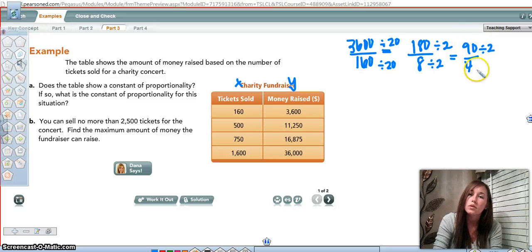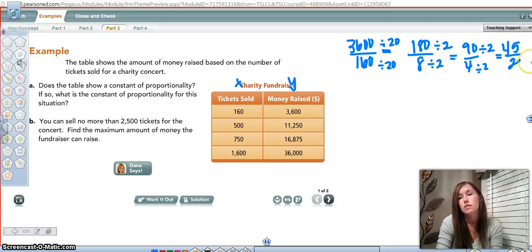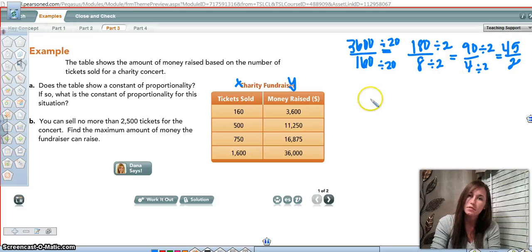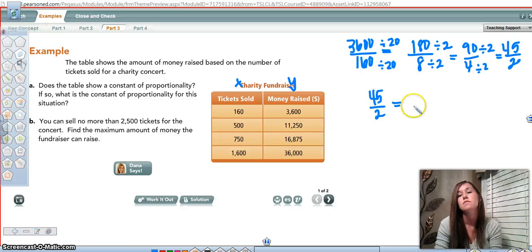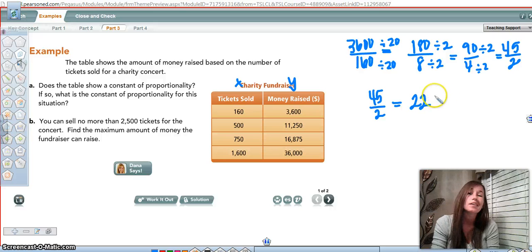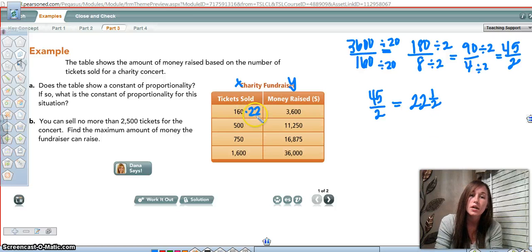Reduce this more. We get a ratio of 45 halves. 45 halves, if we make it a mixed number, 2 goes into 45. Well, 2 goes into 4 2 times, 2 goes into 5 2 times. Then you'd have 1 left over of 2, so 22 and a half. So that would need to be our constant multiple, 22.5.